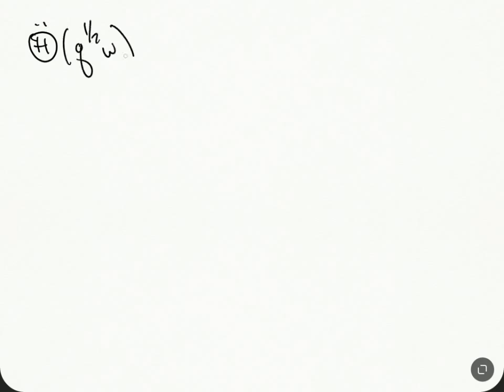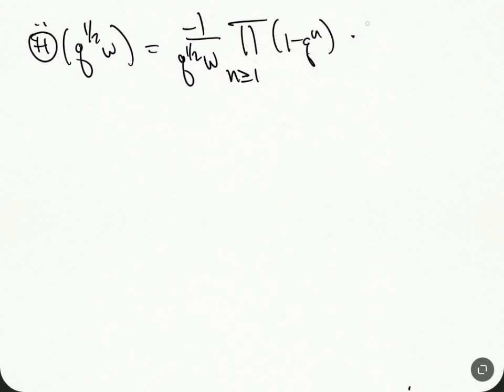Let's do this. What happens when we do this? So here, if I do q to the 1/2 w, I'm just going to plug in everything, like the formula that we know. So we have this constant term, and then we have 1 minus q to the n, and then we have q times w squared.